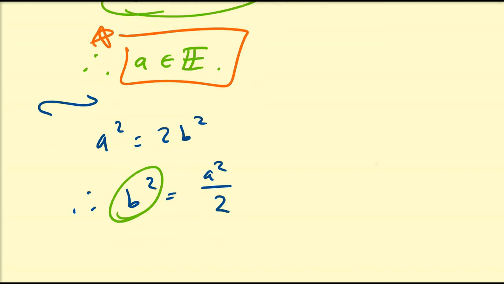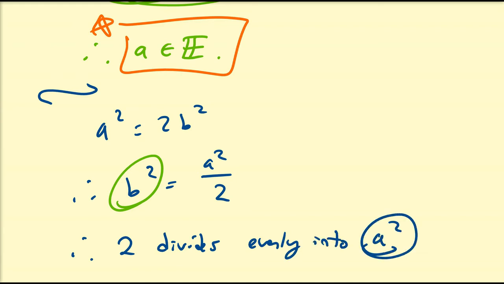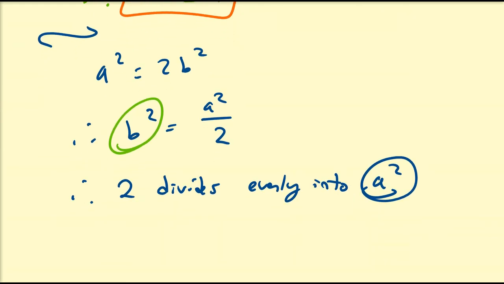So this means 2 divides evenly into a squared. Since a is an integer, a squared must be an integer as well, so a squared must either be even or odd. Now, since 2 divides evenly into a squared, the remainder once you divide by 2 is 0, so a squared is even.